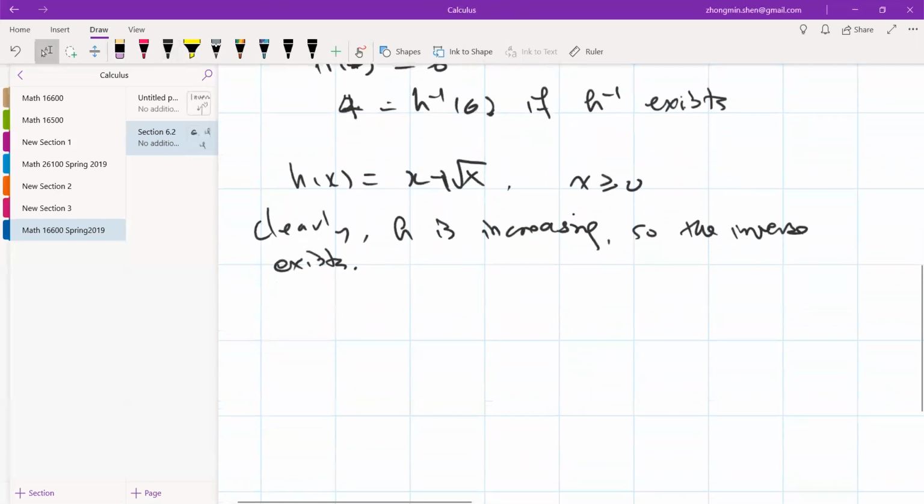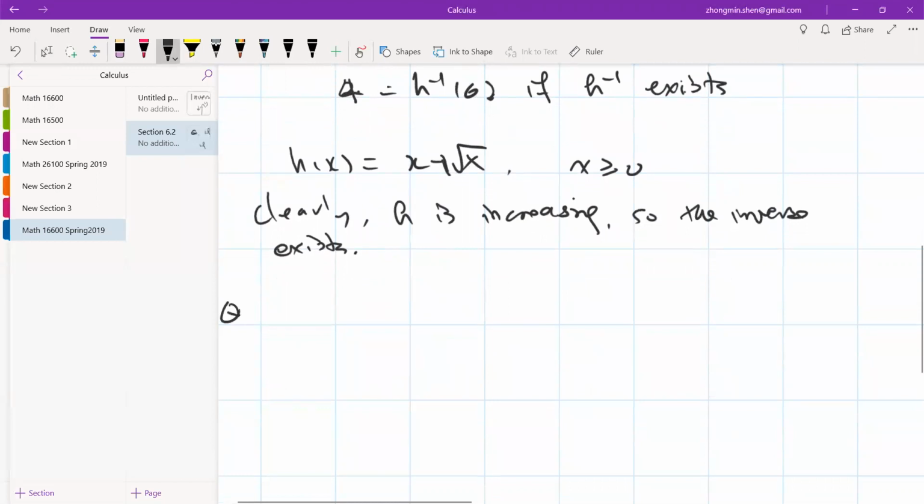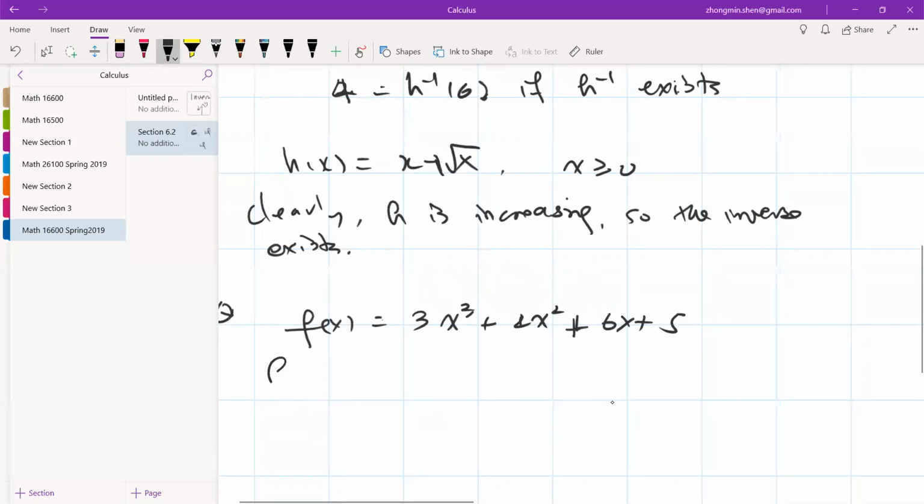The next problem is problem number 39. f of x is 3x cubed plus 4x squared plus 6x plus 5.